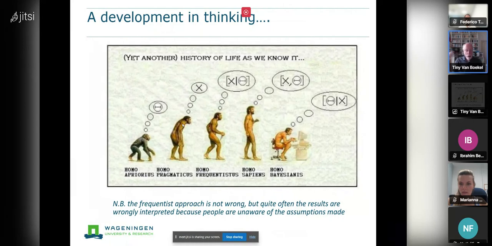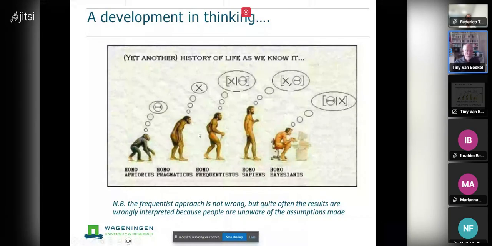So this cartoon that I took somewhere from the internet is showing that in a funny way. We go from, first of all, for instance, in the Middle Ages, when science was not about data. Science was about thinking. So that was the Homo a priorius. Then in the 19th century, scientists also began to think about data, and that became popular with what was called the modern universities, in contrast to the medieval universities where data were not fashionable.